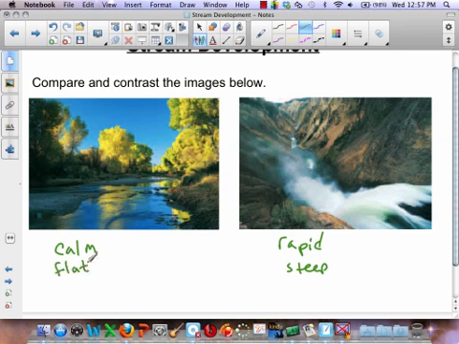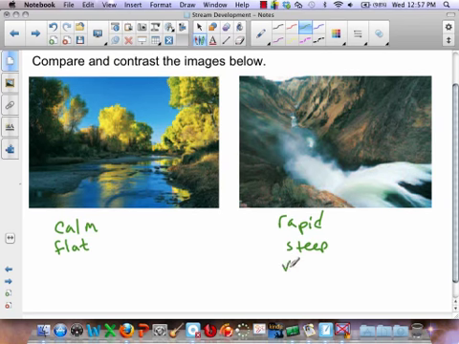Okay, Dakota? Comparing them, I'd say that they're both near forests. Okay, so we still have some vegetation involved. Go ahead, Dakota.